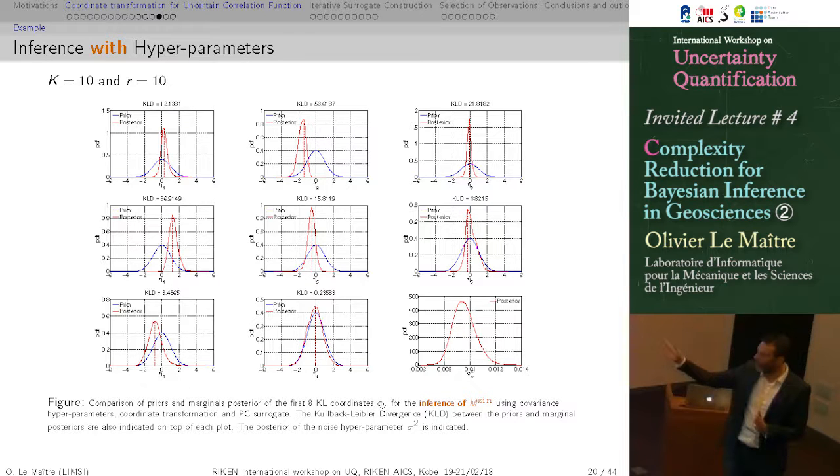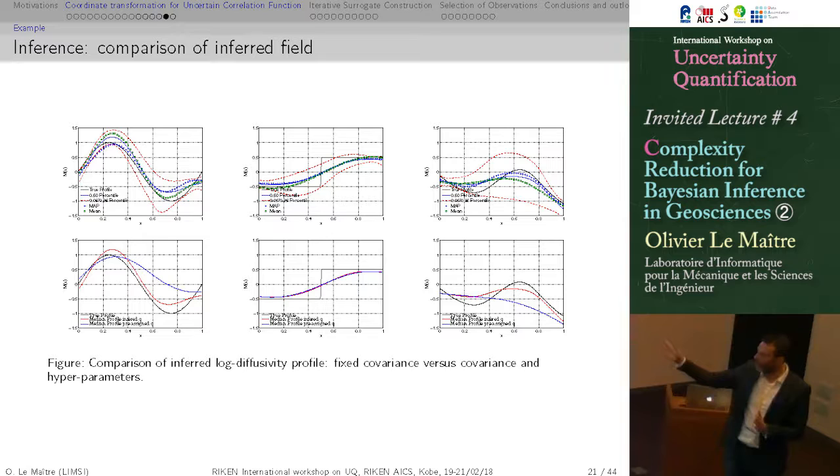Okay. So you're improving your learning. And this is not surprising because this was for the case of the sine function. So it's very smooth. And here you can see the comparison between the different cases. So on top you have the case of a fixed covariance, and at the bottom is the hyperparameter.